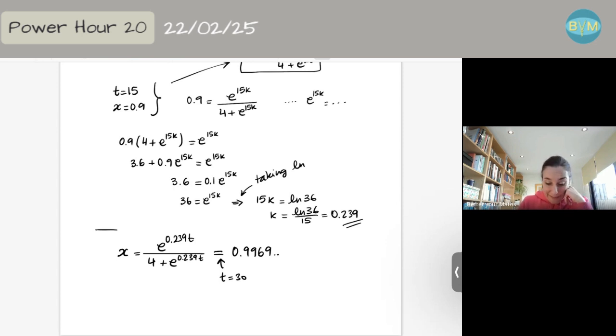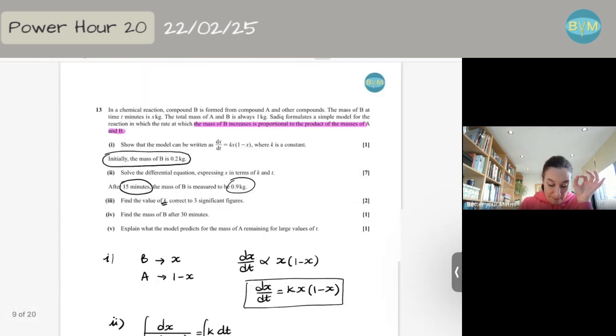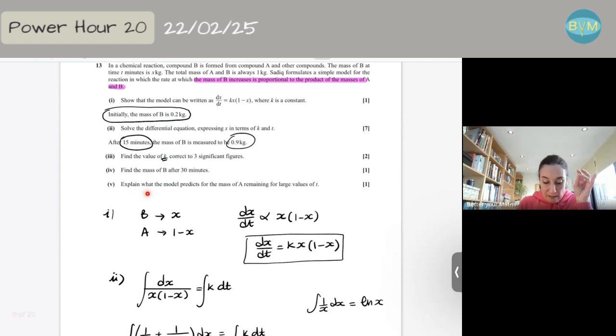And the last thing, and with this we finish, it says, explain what the model predicts for the mass of A remaining for large values of t.